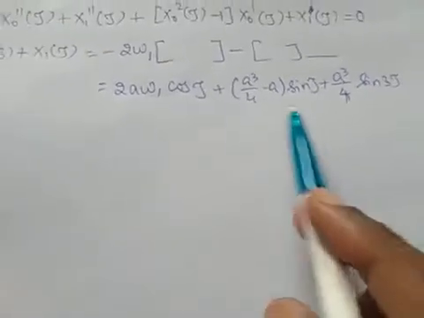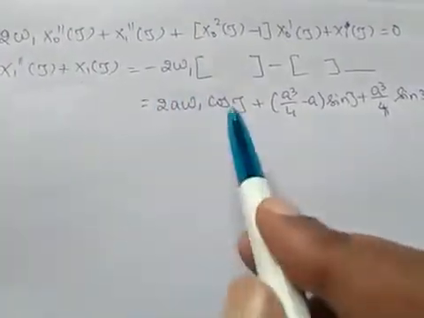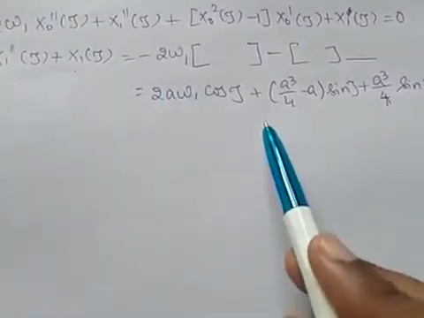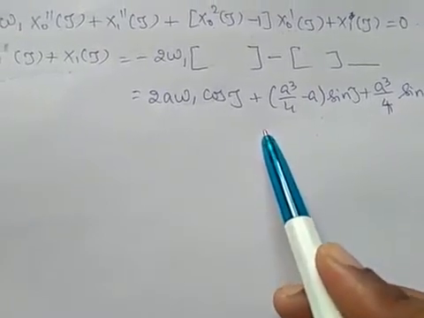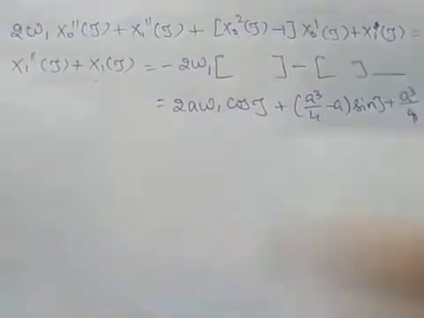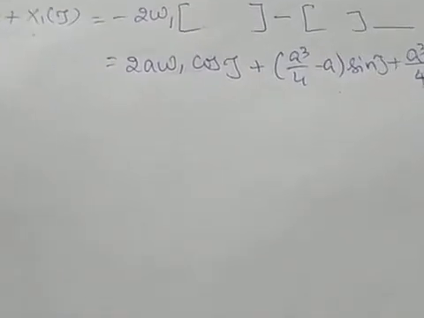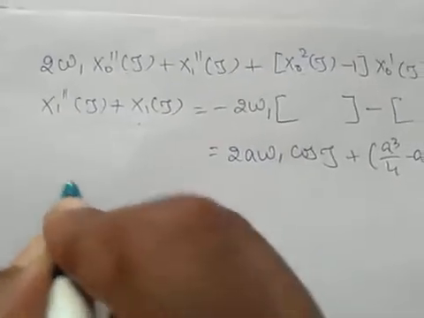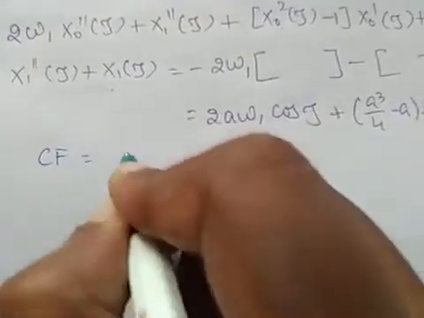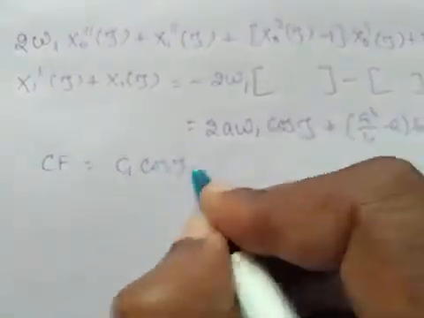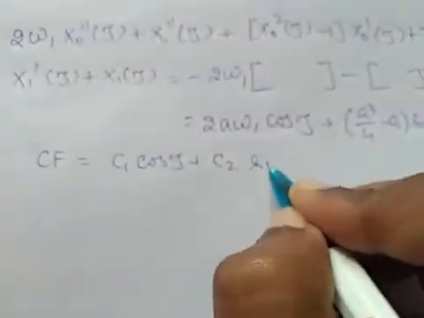Now for this equation we have to find auxiliary equation and complementary function and particular integral. So again the roots are plus or minus i. Therefore complementary function is C1 cos tau plus C2 sin tau.